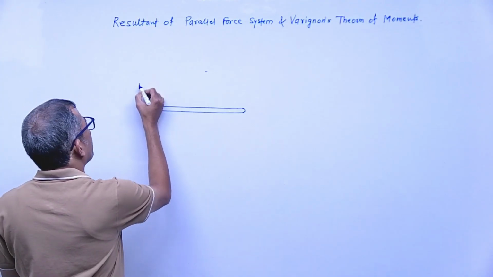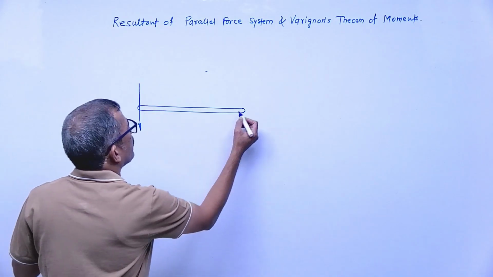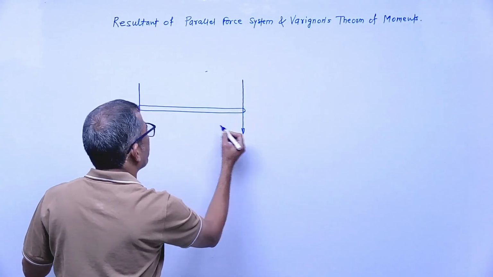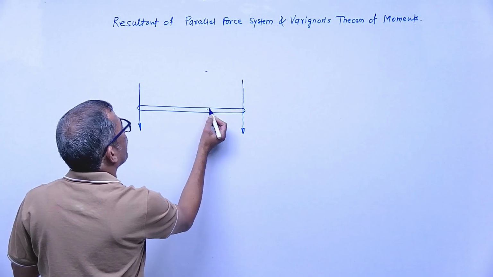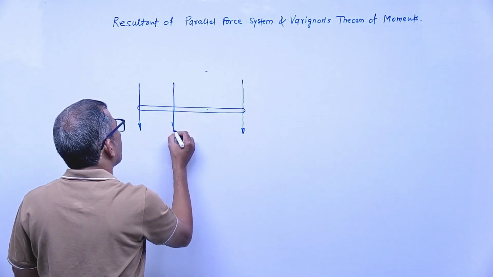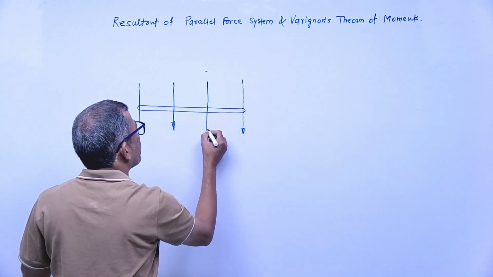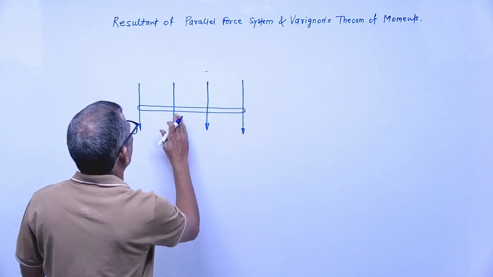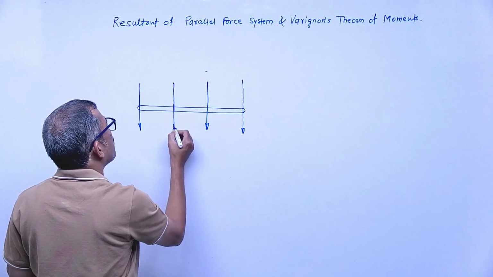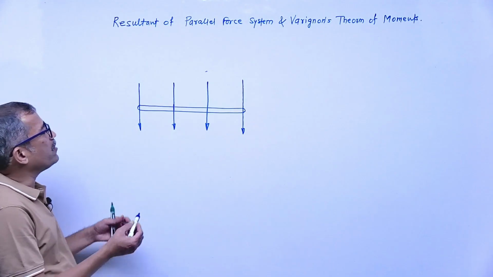I will take one force at the right end, and at equal distances I will add more forces. Purposely I have taken all in the vertically downward direction, the same direction, so that you can easily understand the concept of Varignon's theorem as well as the resultant of a parallel force system.